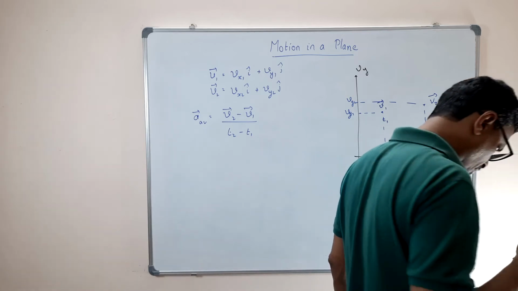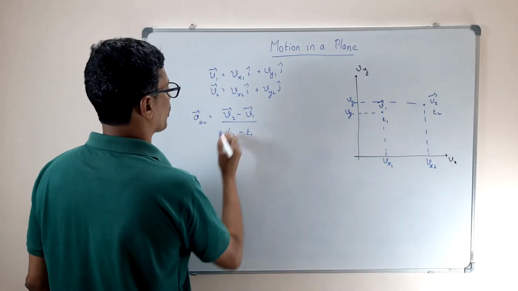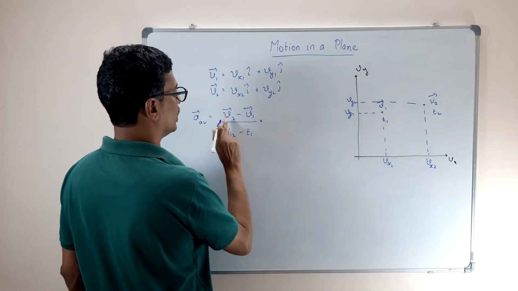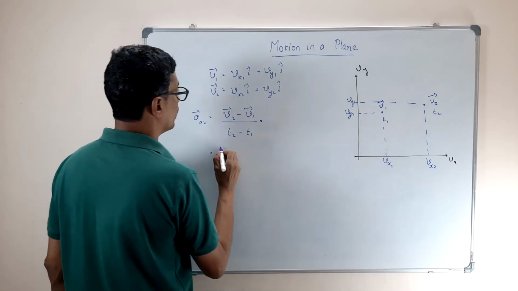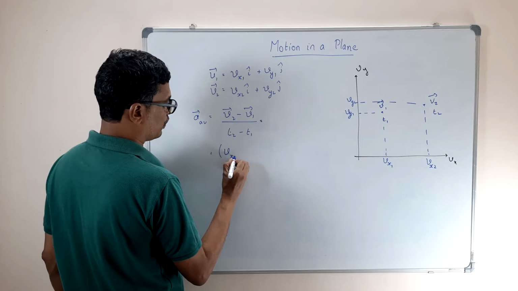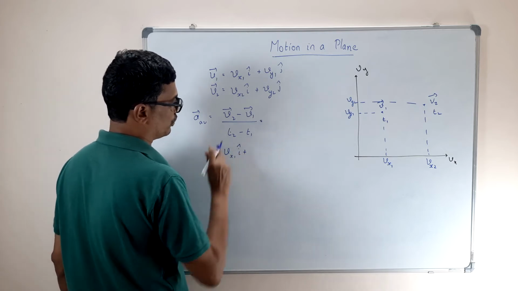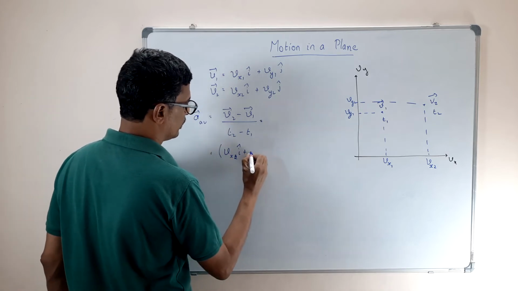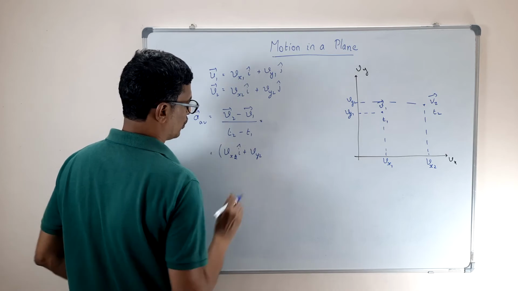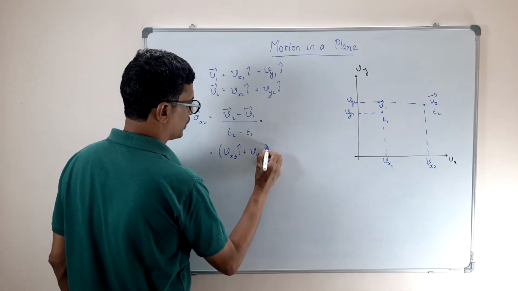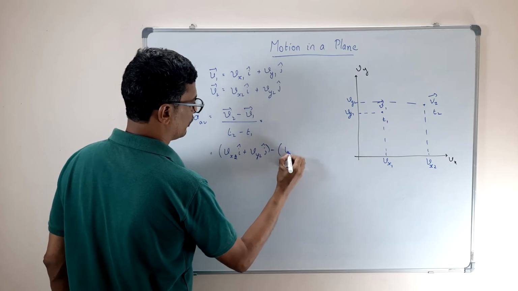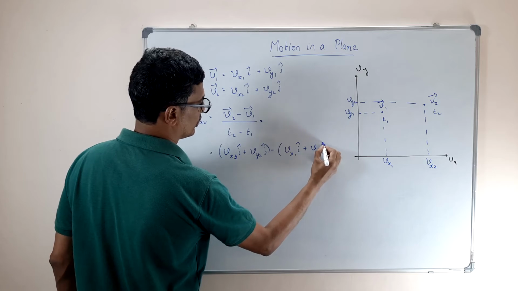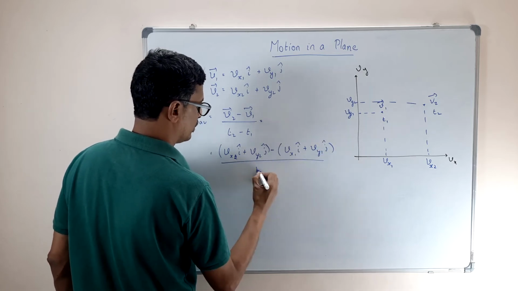If you want to resolve it into components, it will be vx2 i cap plus vy2 j cap, minus vx1 i cap plus vy1 j cap, divided by t2 minus t1.